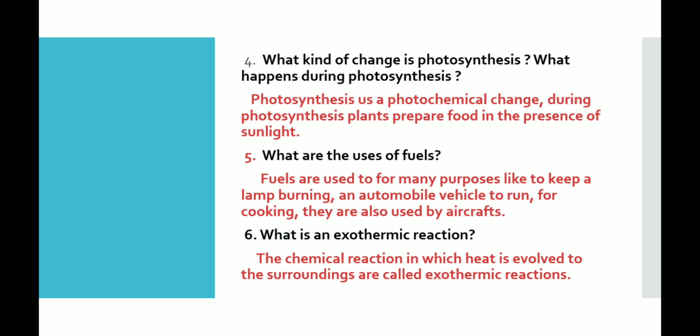It goes like this. What kind of change is photosynthesis? What happens during photosynthesis? The answer is, photosynthesis is a physical photochemical change. During photosynthesis, plants prepare food in the presence of sunlight.